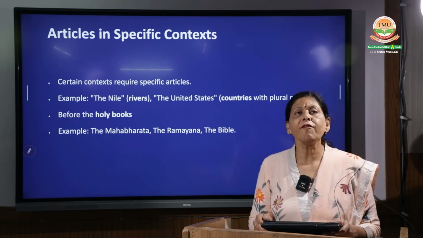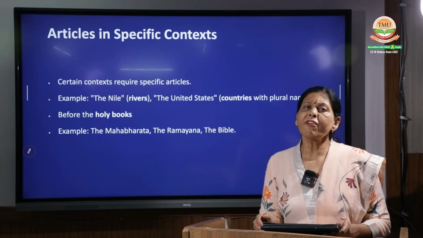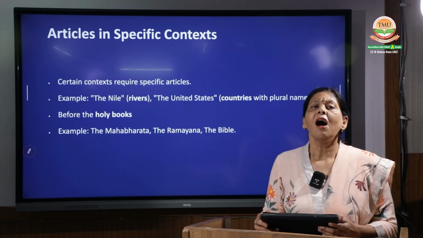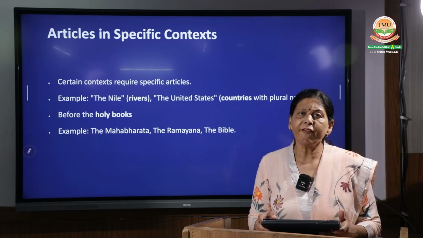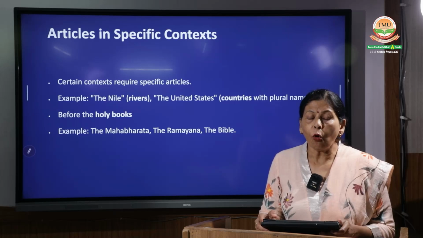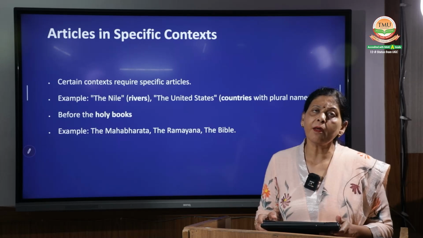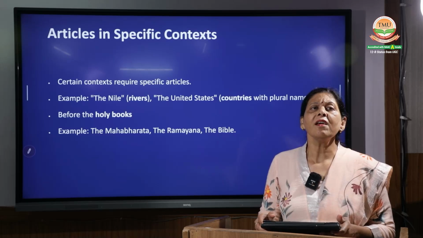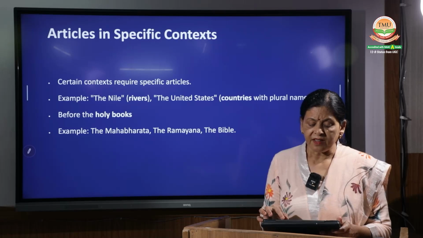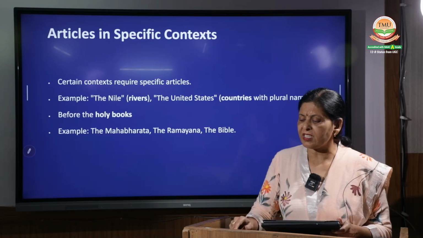Then the is used in front of the holy books, that is the Bible, the Mahabharata. It is written in the Mahabharata. He was reading the Quran. So the is used in front of these things.